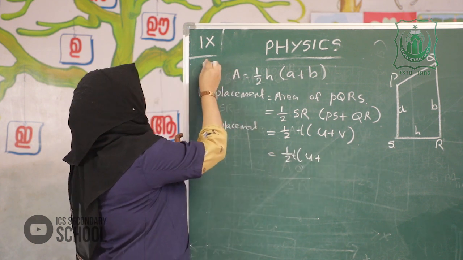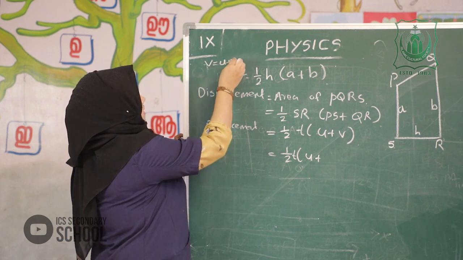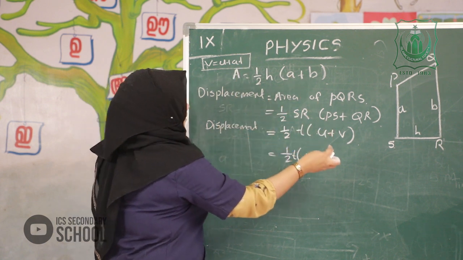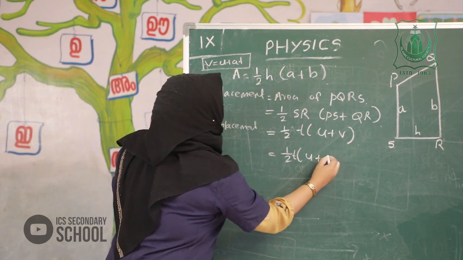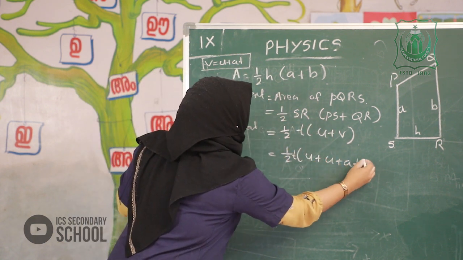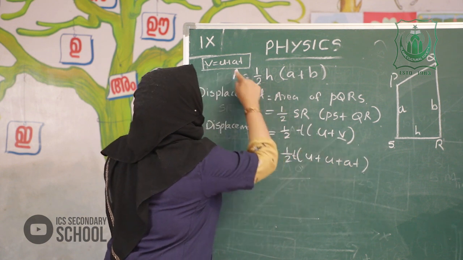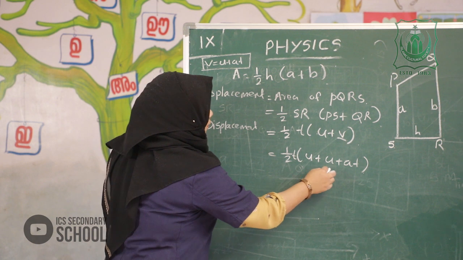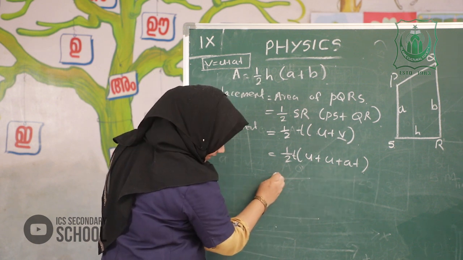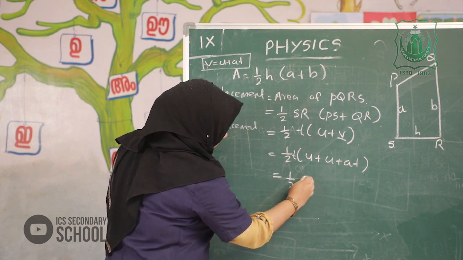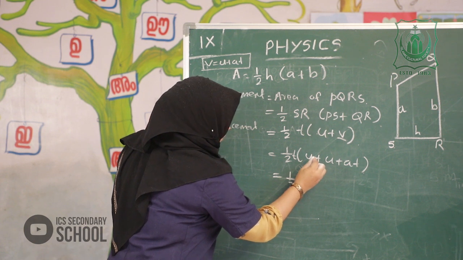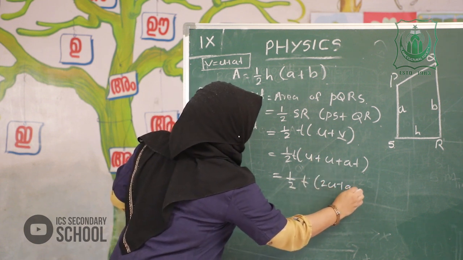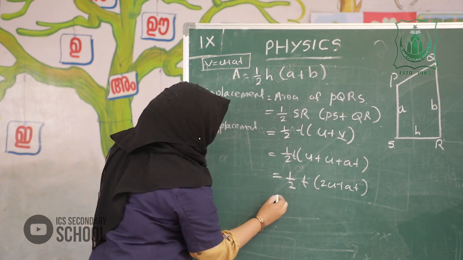We learned that V is equal to U plus AT. Put this V value as U plus AT. So, half T into U plus U plus AT. Then what do we get?